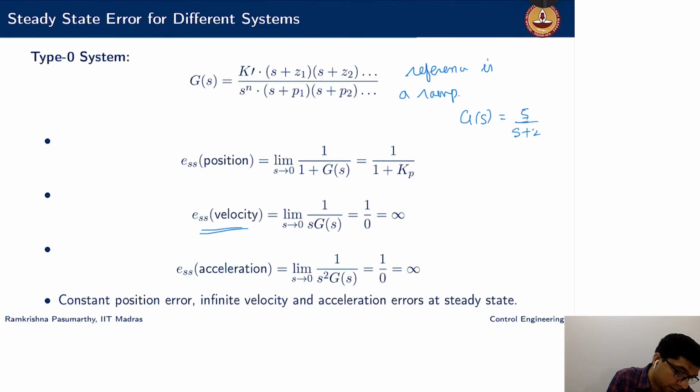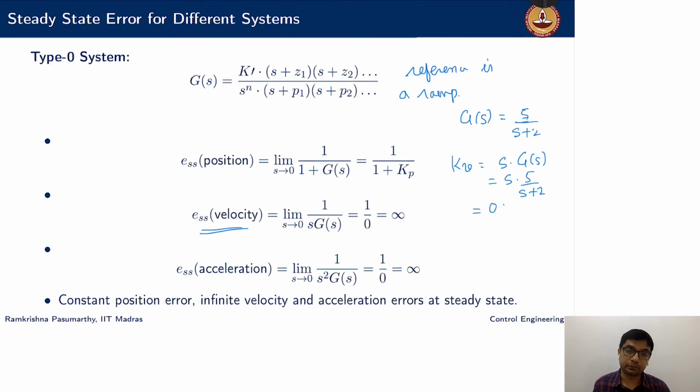Now I'm computing this quantity called the velocity error constant. Kv is S times G of S, which is S times 5 over S plus 2. Okay, now here this will become 0. If this is 0, the steady state error, which is 1 over Kv, will go to infinity.